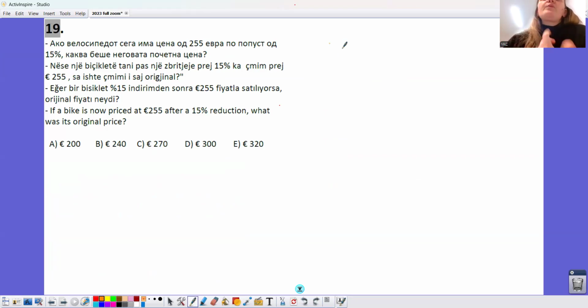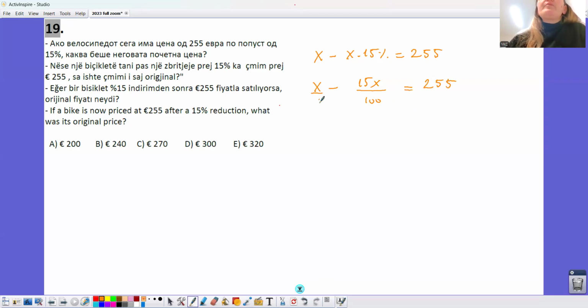So when you are doing a reduction, you need to do it like this: this is the total amount of money, minus 15% of it will give you the price after reduction, 255. So this becomes x minus 15x over 100. If we convert 15% to a fraction, it will be 15 over 100, equal to 255.